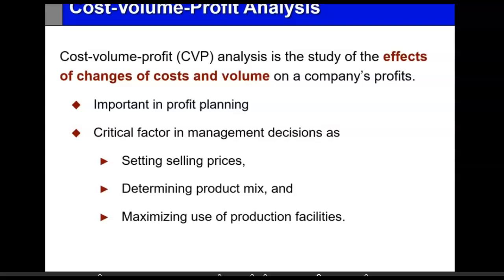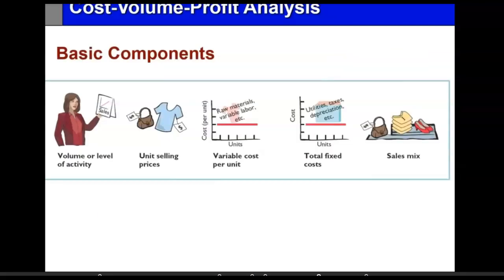It's also very critical in setting selling prices, in production to determine what the ideal product mix should be. We should be producing the product that gives us the most profit, and also how to maximize or use production facilities.